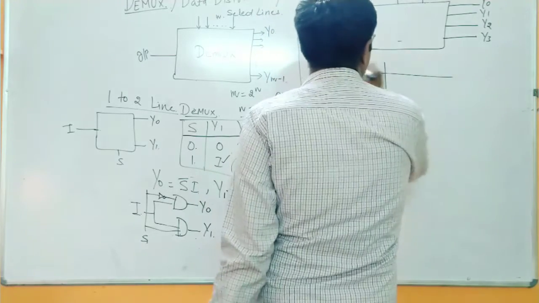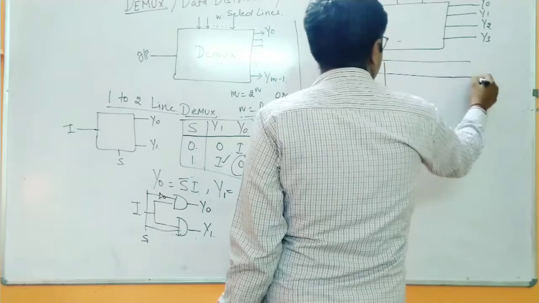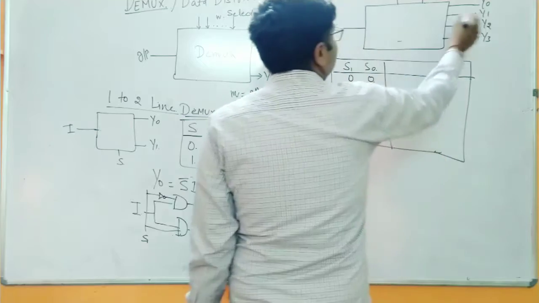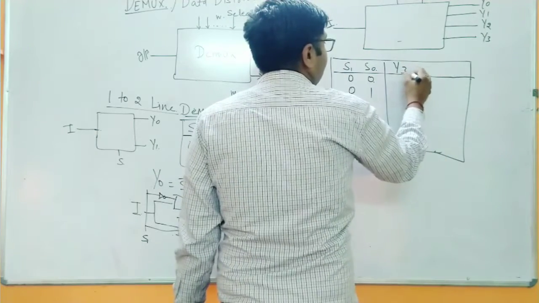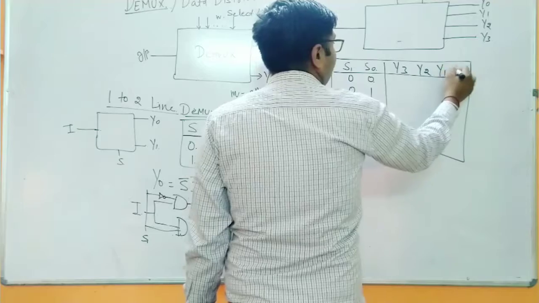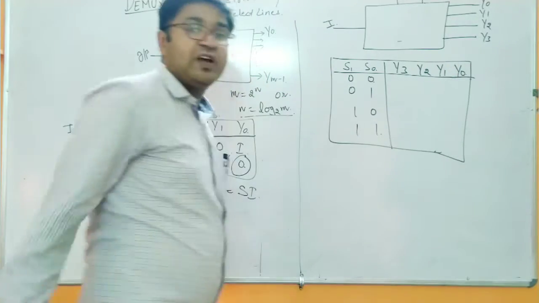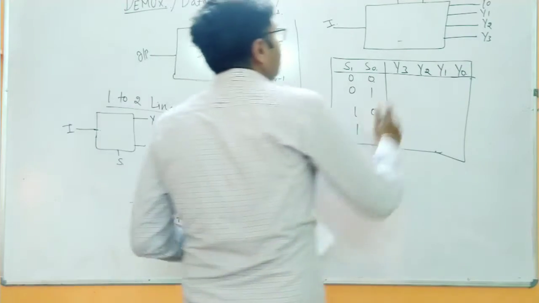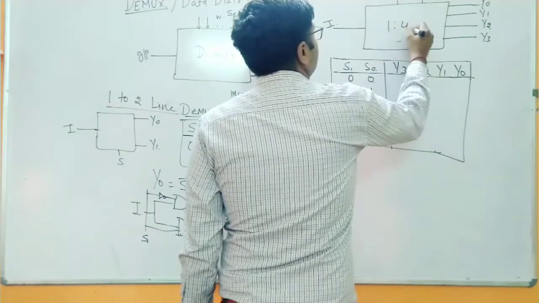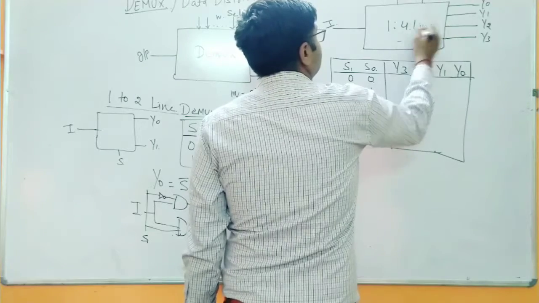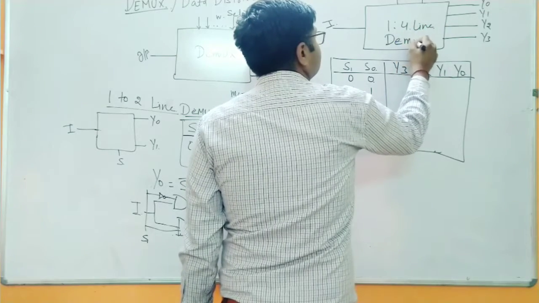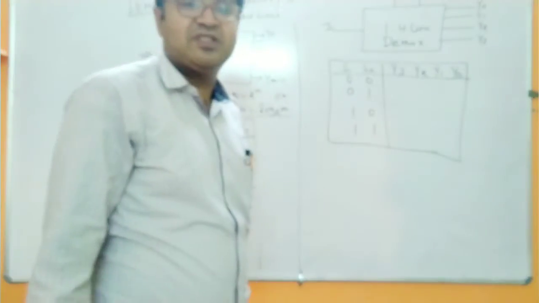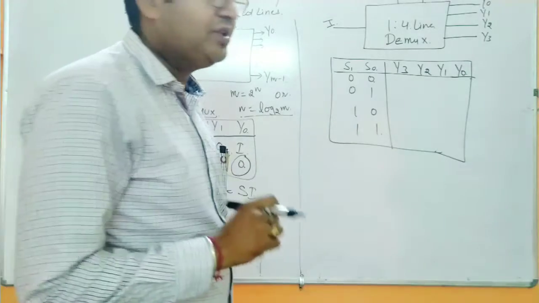These are the 4 combinations available to us with 2 select lines, and there are 4 outputs, Y3, Y2, Y1 and Y0. This is called the 1 to 4 line demultiplexer, and this is the most frequently used demultiplexer circuit in digital electronics.